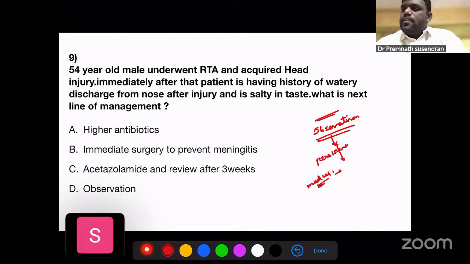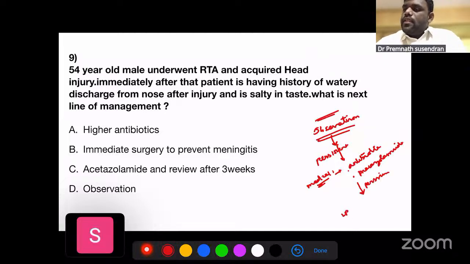That is antibiotic, acetazolamide. Even if it is still persistent, we'll go for the lumbar puncture, and continuous lumbar drainage.